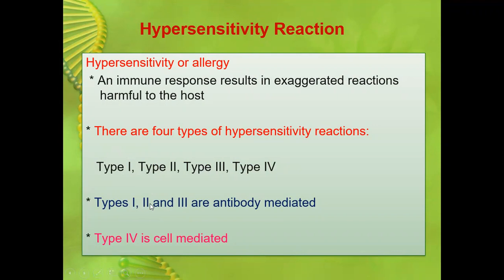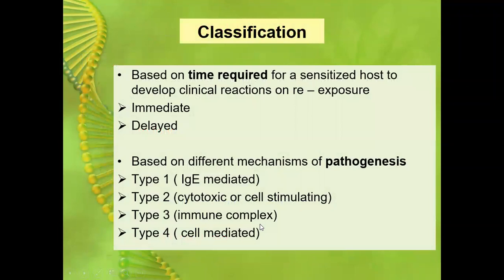The type 1, type 2, and type 3 are antibody mediated hypersensitivity reactions, whereas type 4 is cell mediated hypersensitivity reaction. Based on the time required for a sensitized host to develop clinical reactions on re-exposure, they are of immediate type and delayed type.